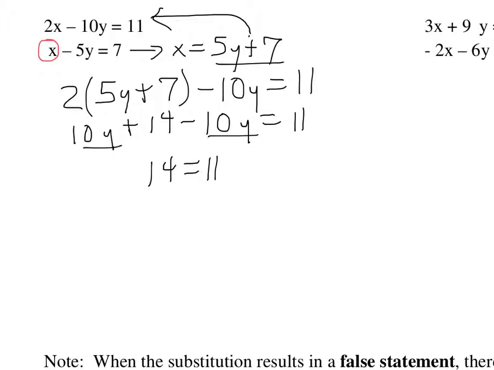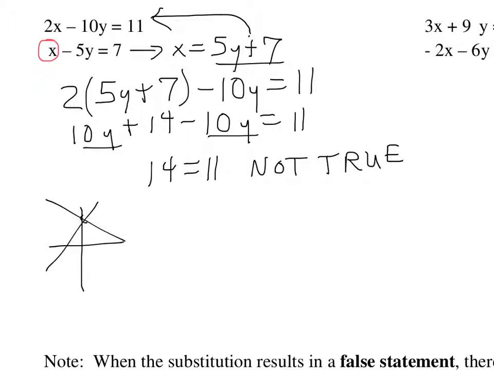Wait a minute. That's not true. That's not true at all. And y disappeared. That's a problem. Let's think about what our situation is here. We said that if you had a system of linear equations, it could be that they cross, and there's one solution there. The solution is where the two lines cross.